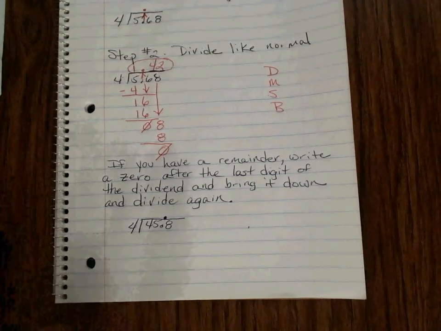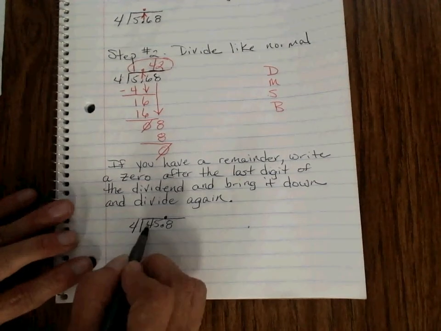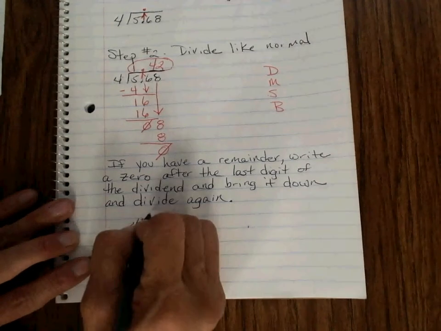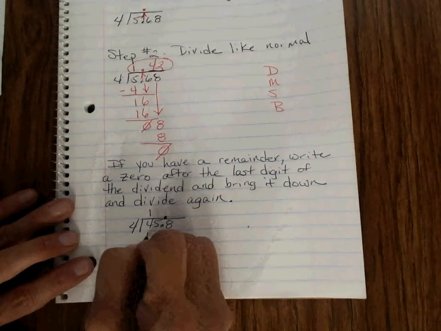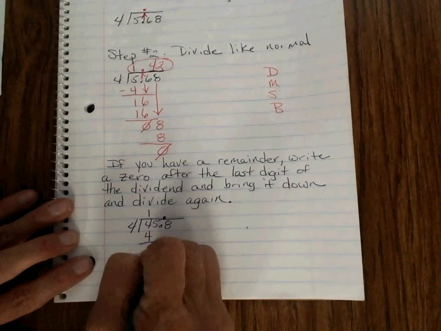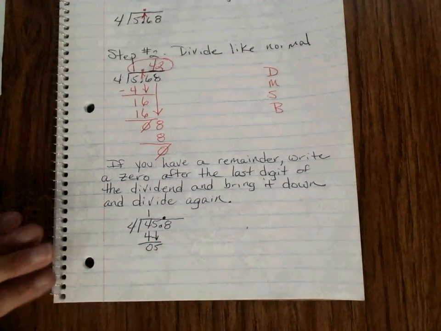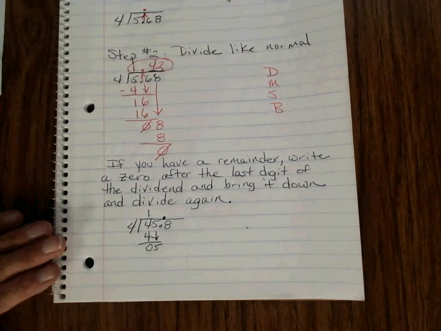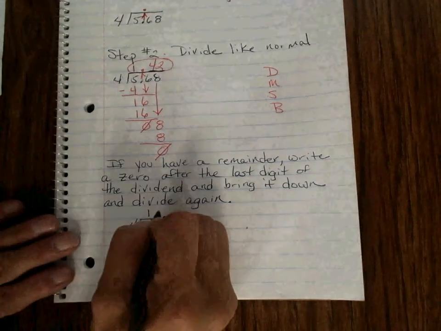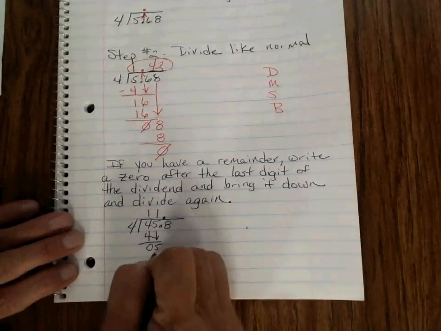Step 2, divide like normal. How many groups of 4 will fit into 4? 1. 1 times 4 is 4. Bring down the 5. How many groups of 4 will fit into 5? 1. 1 times 4 is 4.